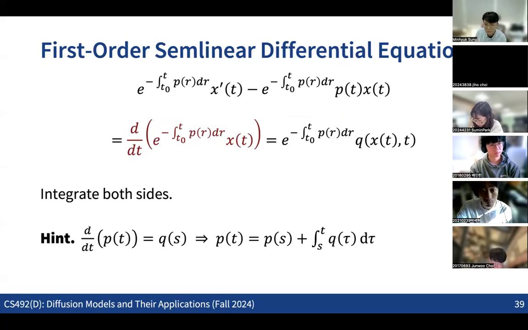So that's the thing. When you multiply this exponential term, the technique that we are using here is making one side the derivative of a function. Now we can solve the problem by taking the integral on both sides. That's also what we have done in the simplest case, right?